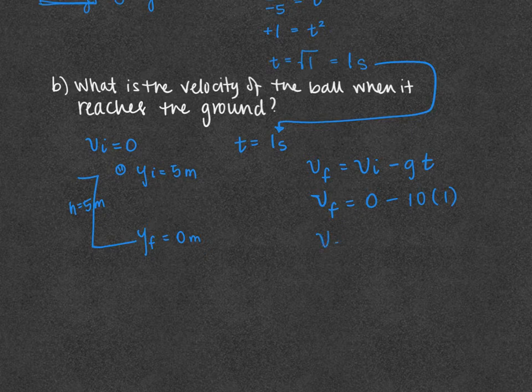So then my final velocity is negative 10 meters per second. Now remember, the negative sign gives me the direction. So right before it hits the ground, our ball is moving very, very fast at a velocity of negative 10 meters per second.